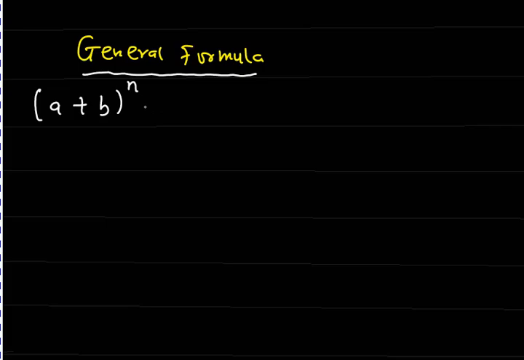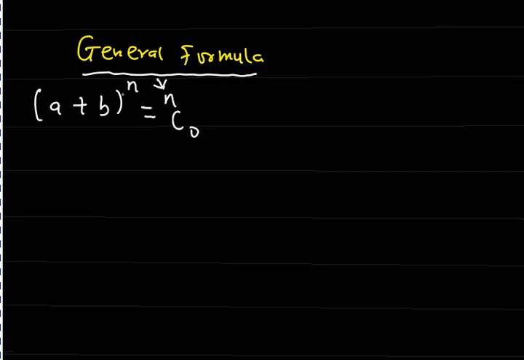Okay, so now this is going to be equal to the very first coefficient, which is gotten by evaluating n combination 0.